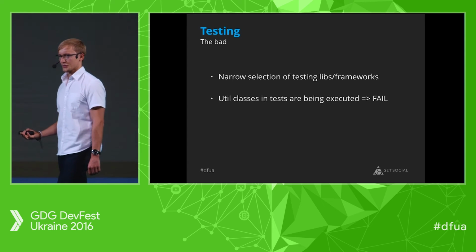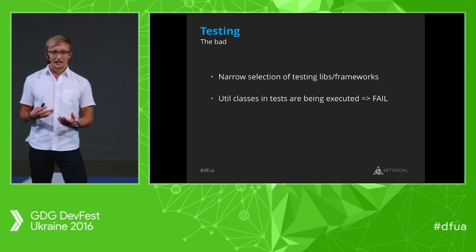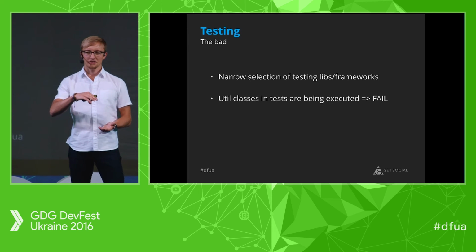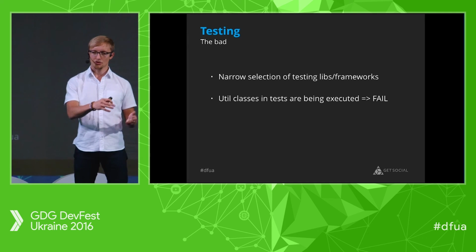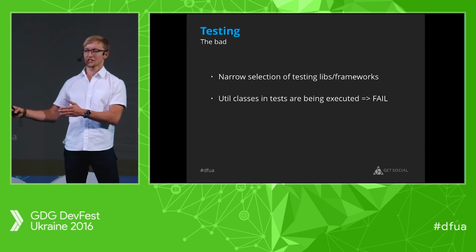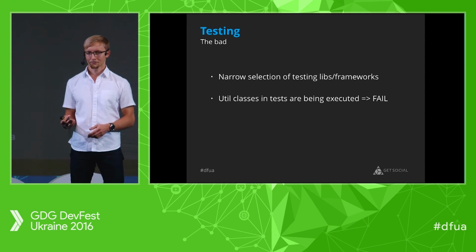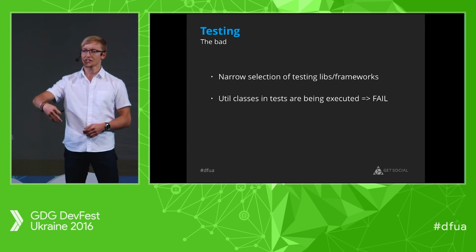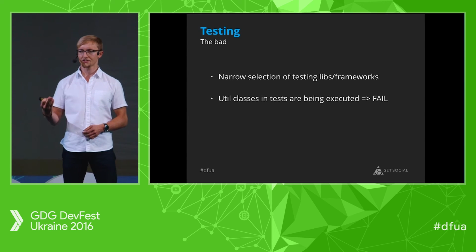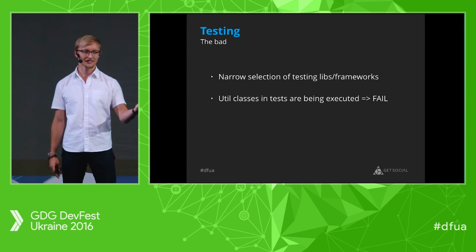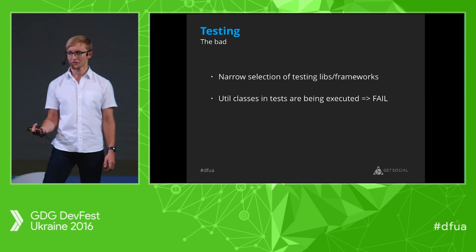There are also some issues with cross-compilation. The Gradle plugin is not yet smart enough to distinguish test classes and utilities for tests. So if you have a set of tests and some helper classes, the J2ObjC Gradle plugin will try to run utility classes as tests, and of course they will fail.